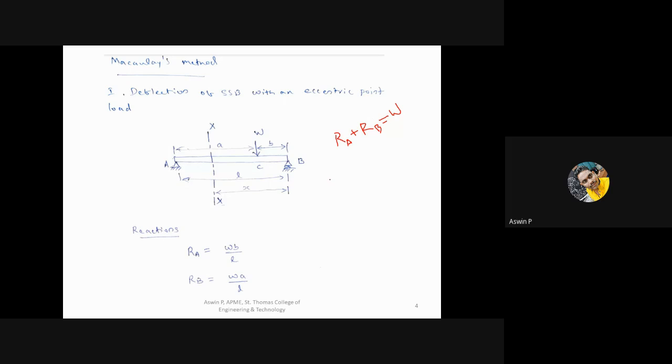So taking moment about A, you can see that there will be RB in counterclockwise direction, W in clockwise direction. So RB will be in positive condition and W in the opposite, negative condition. That is RB into L minus W into a equal to 0.